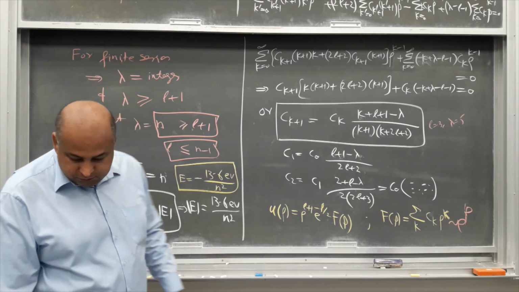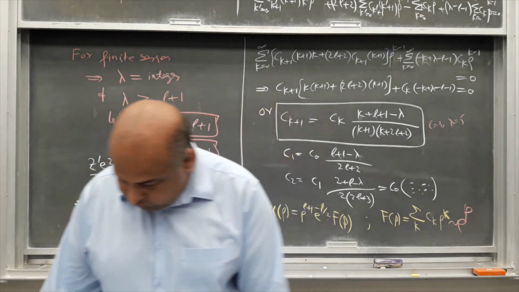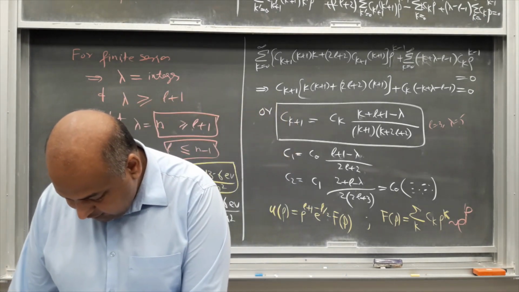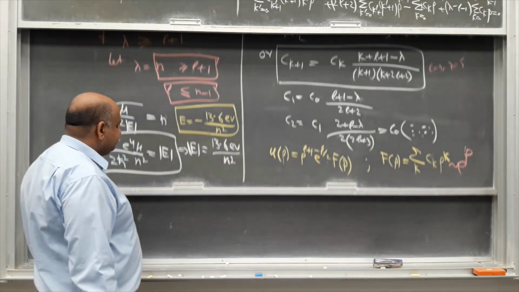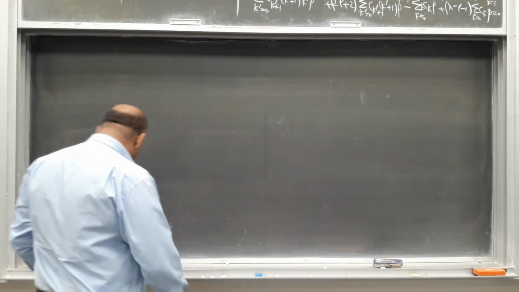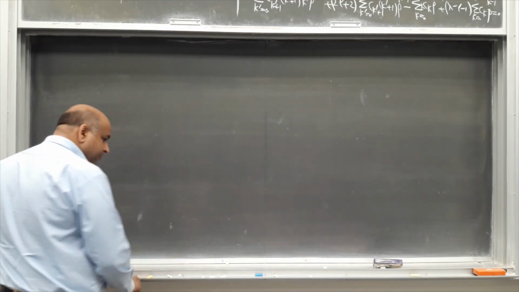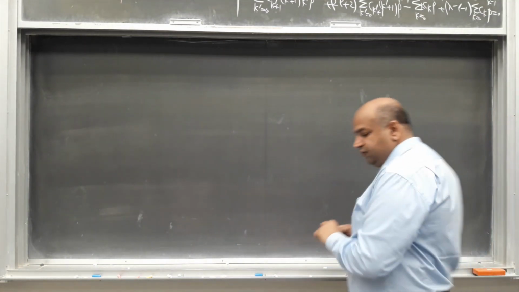Okay, so we have been able to solve this equation to find the value of energy, but we still have to find the wave functions using the solution of our function.